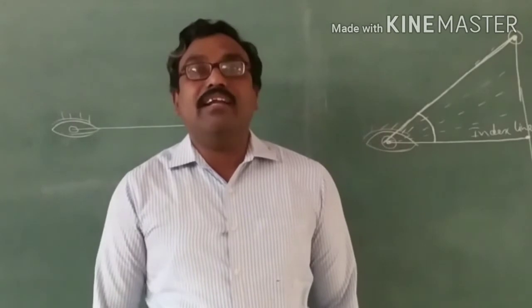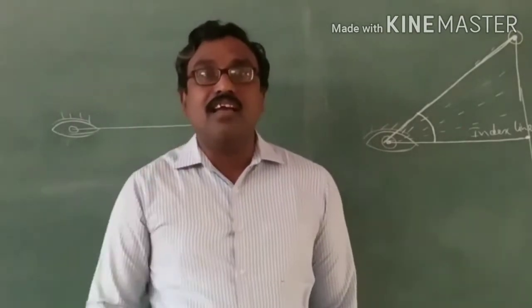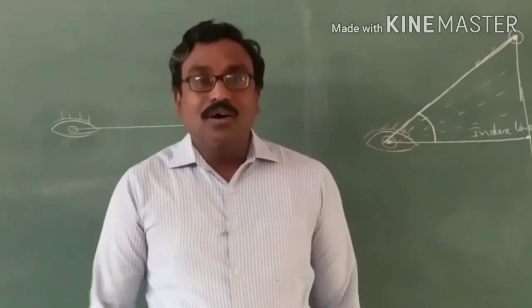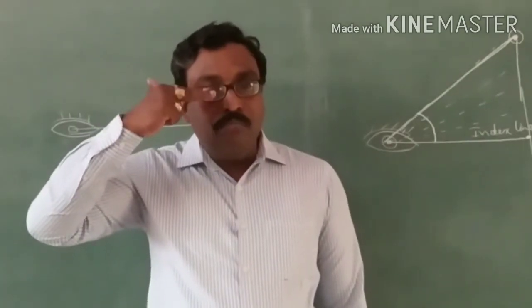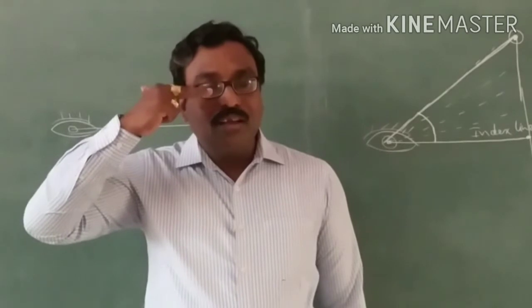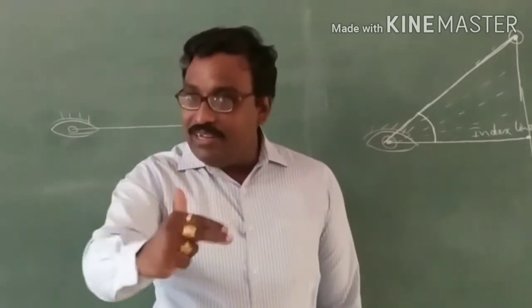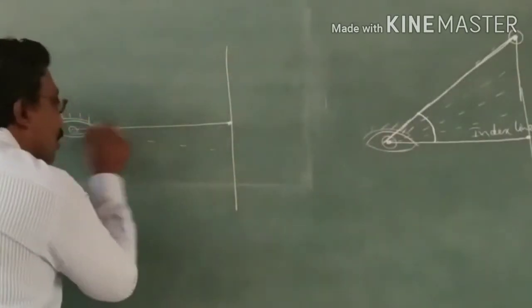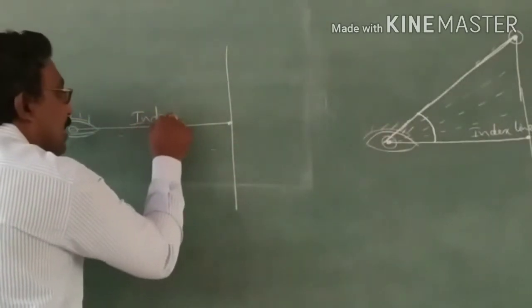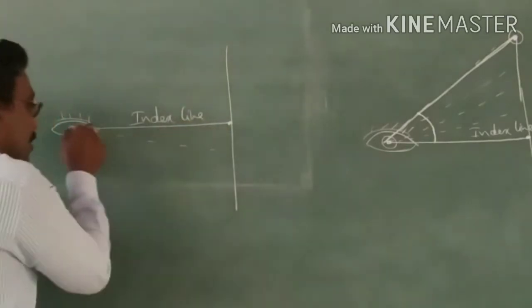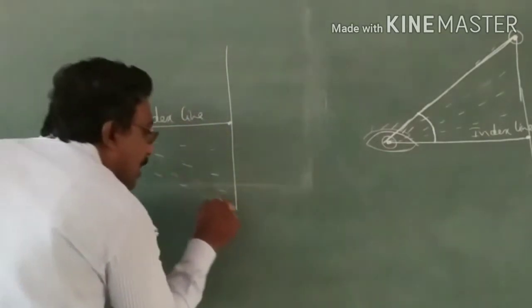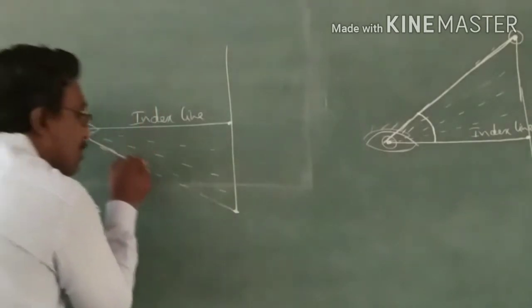If I am looking straight and want to see down, what will I do? I will lower my eyeball and see. That means this index line slowly gets reduced until it reaches my observation point.